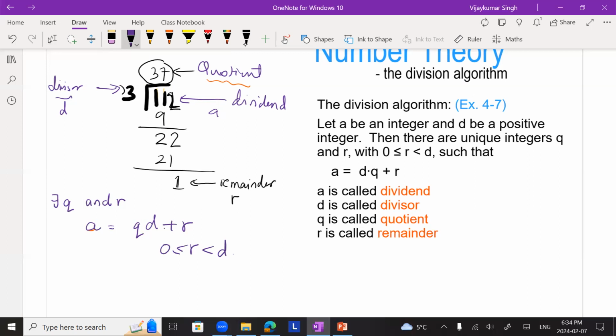Because if it is not less than D, then we can continue the division algorithm. So if I take A and divide it by D, I can find some number Q, which is my quotient, and some number R, the remainder, such that A equals QD plus R, where Q is some integer and R has to be less than D. And it can be 0 as well, between 0 and D.